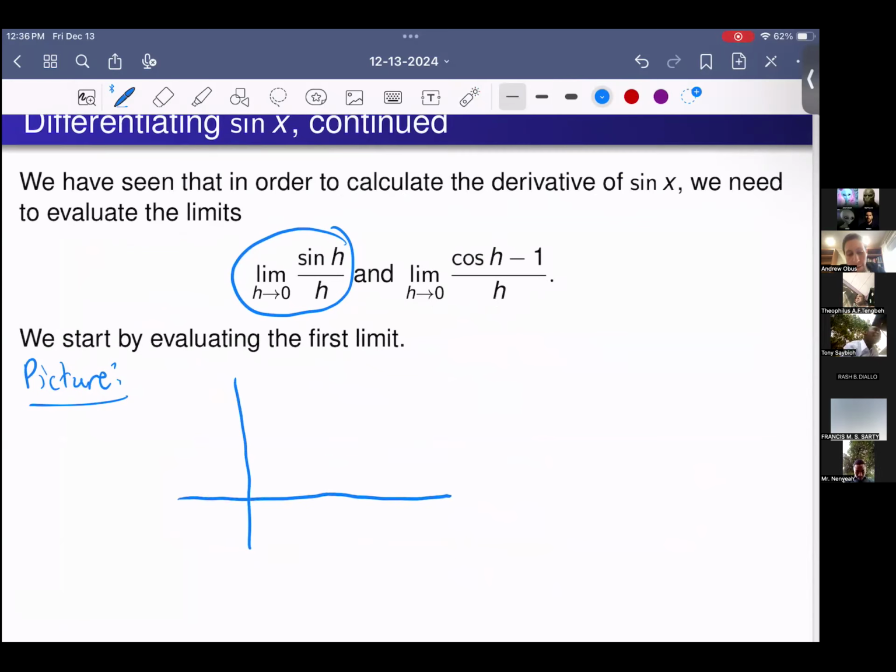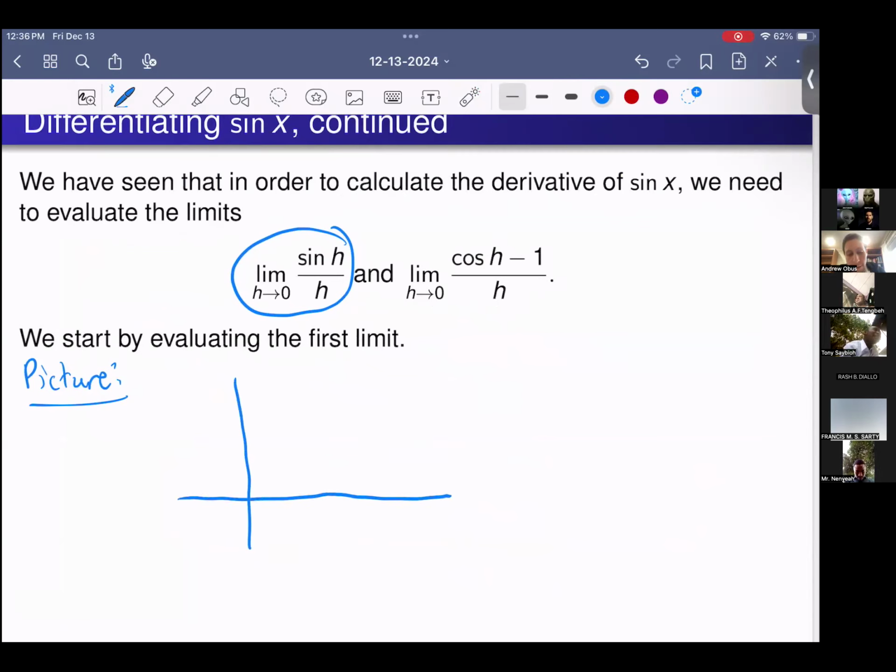Okay, so the first thing to notice is that this is a circle, which means this hypotenuse over here is 1, right? This has length 1 over here. And if you remember your right triangle trigonometry, the sine of h is the opposite side over the hypotenuse.